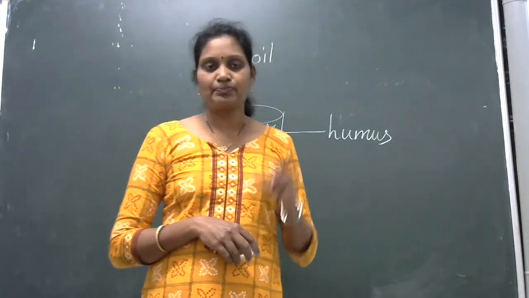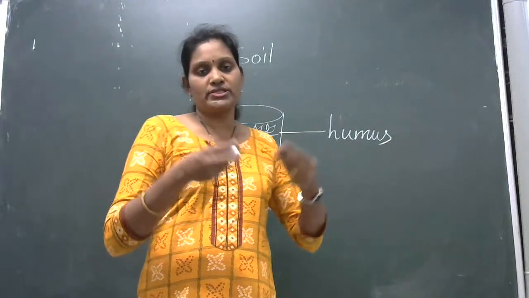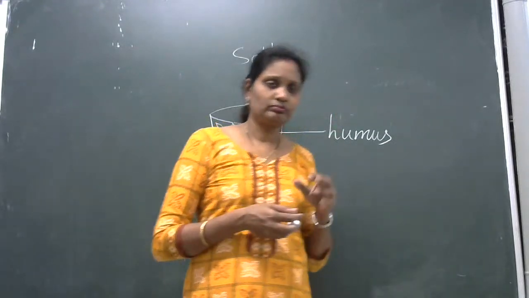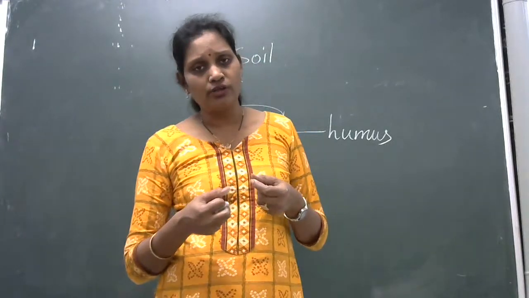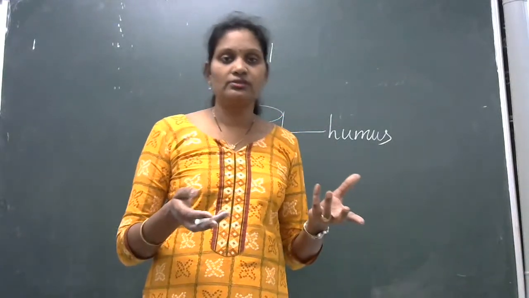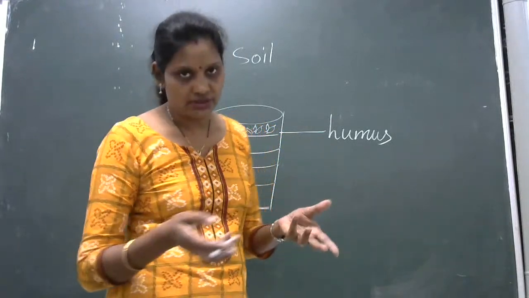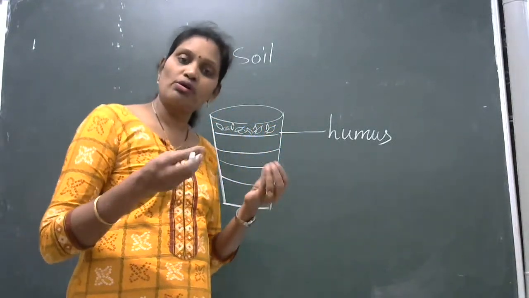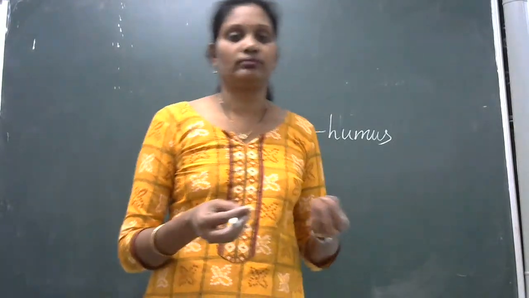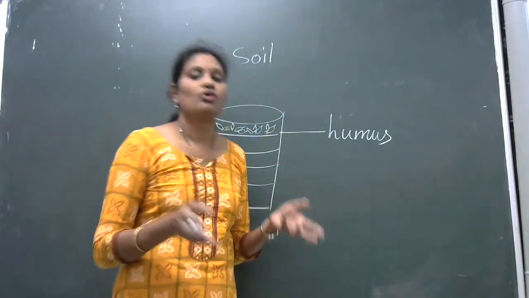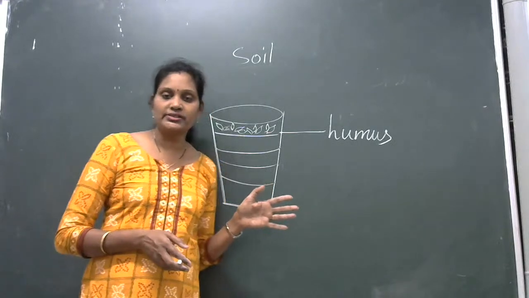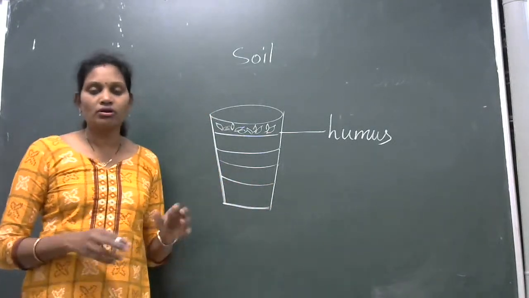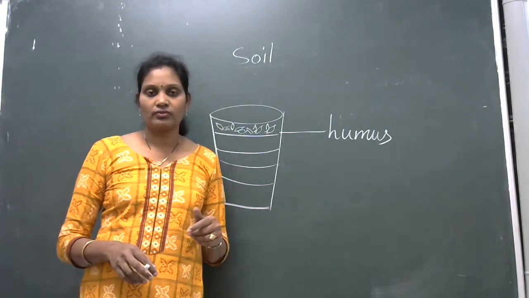Porous means very much loose. So this loose soil is helpful to keep oxygen for the plants because the plants also need oxygen. Plants also need oxygen. Understood, students? Their roots also need oxygen.